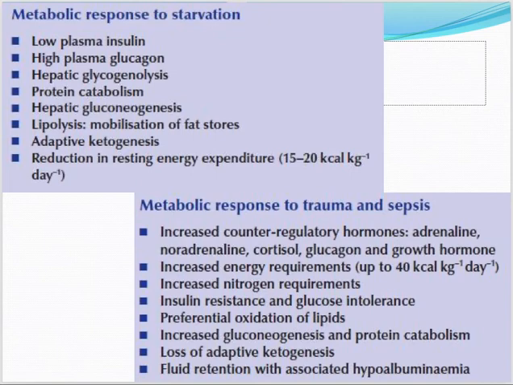Hypoalbuminemia is simply that the albumin level in the blood goes down, and there could be fluid retention associated with the decreased level of albumin in the blood. So these are the metabolic responses occurring in the body, and the first one is also called the neuroendocrine response.